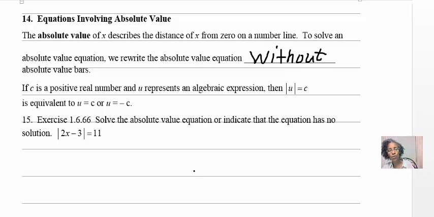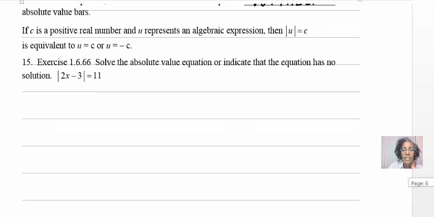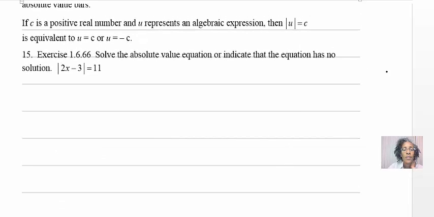So absolute value is really, in most cases, a compound statement. Here's what we're going to use. If C is a positive real number and U represents an algebraic expression, then the absolute value of U equal to C is equivalent to U equals C or U equals negative C. That's what we're going to use when we try to solve exercise 66.